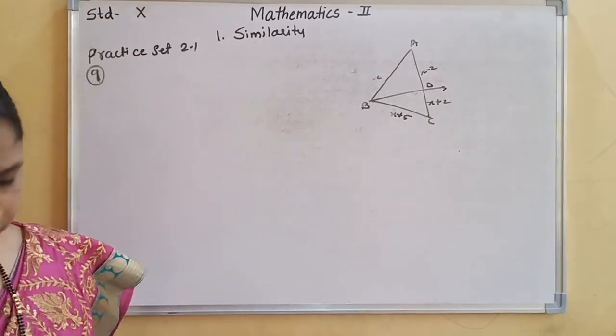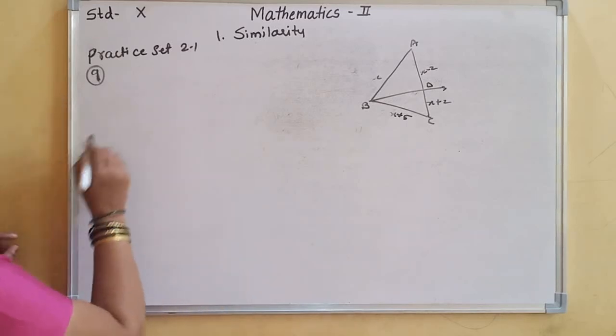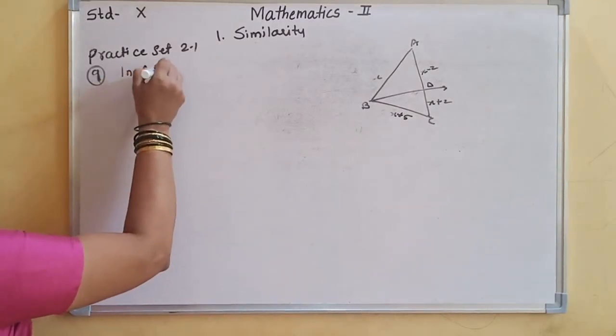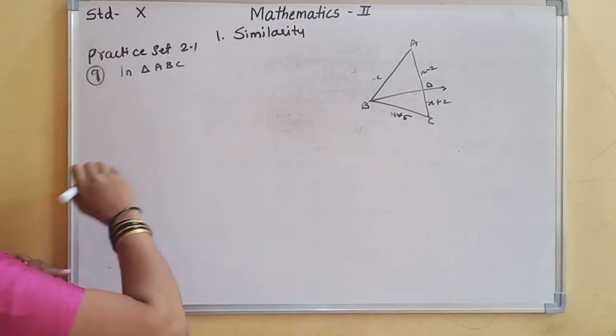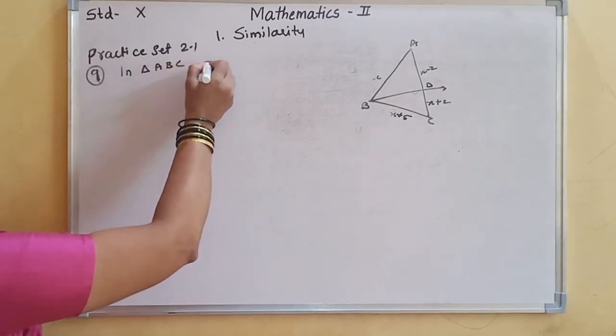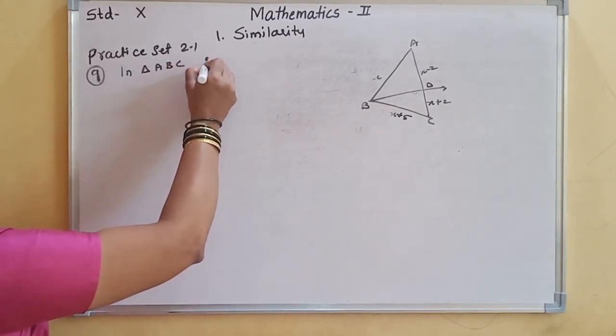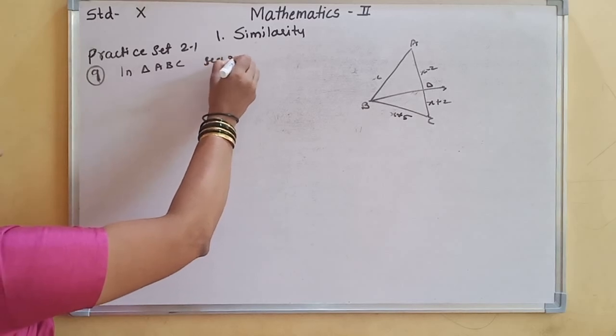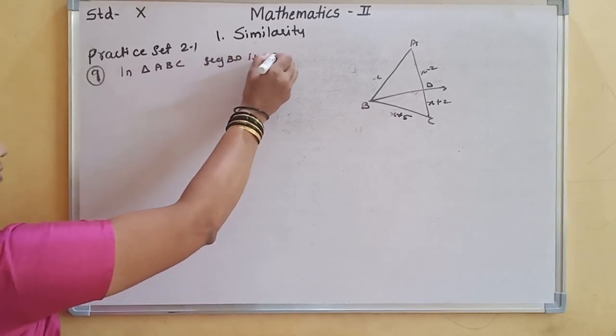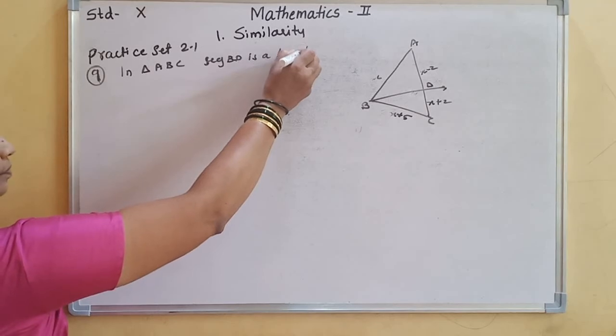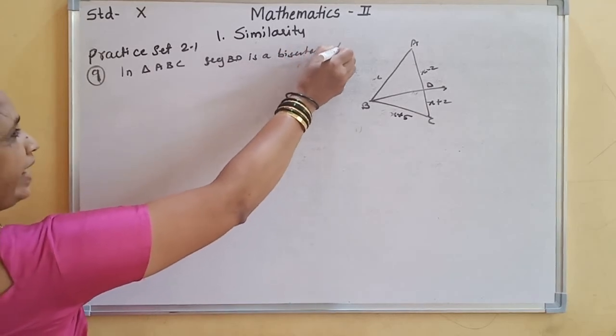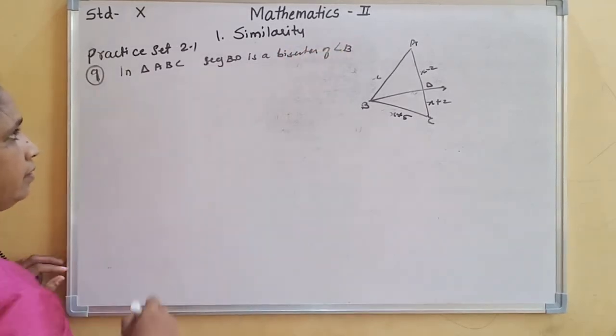Okay, now see. Now in triangle ABC, segment BD is a bisector of angle B.